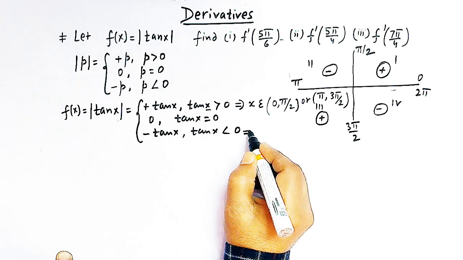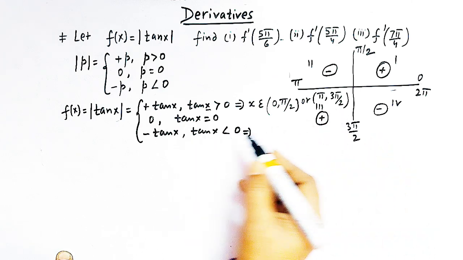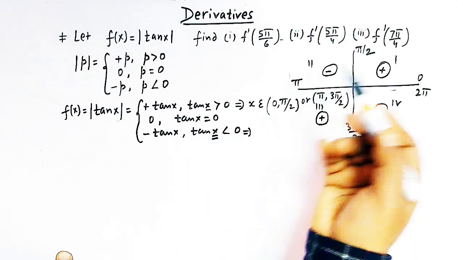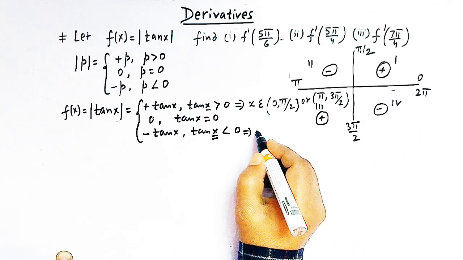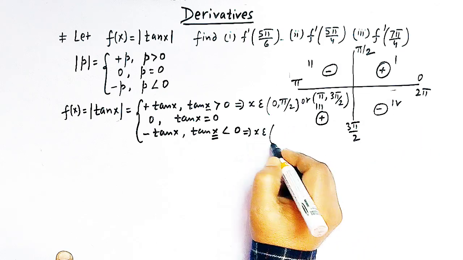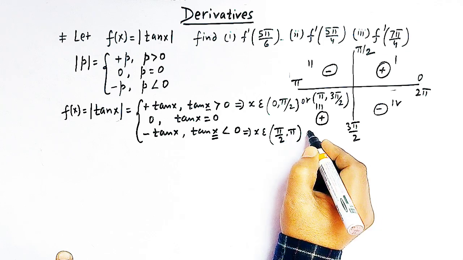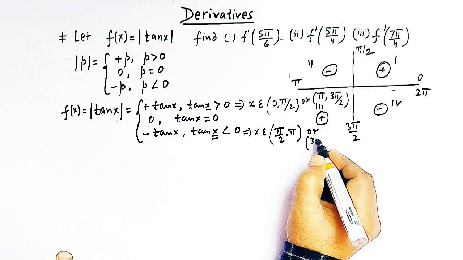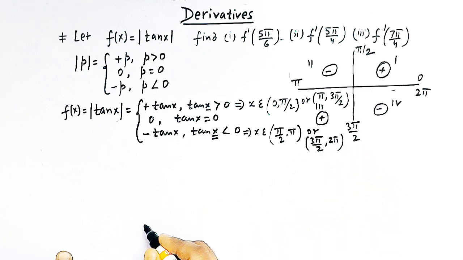And here tan x is less than 0, so it implies that x should lie either in the second quadrant or in the fourth quadrant. So x belongs to the interval pi by 2 to pi, or x belongs to the interval 3 pi by 2 to 2 pi.